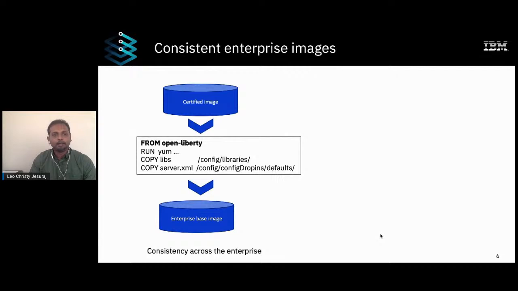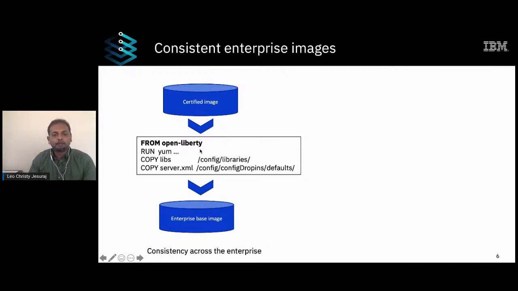All right, so that's some introduction on the container images that we have for Liberty. And when it comes to application images, we recommend this approach where you build your own enterprise base image. So you would start with our certified image for either Open Liberty or WebSphere Liberty.